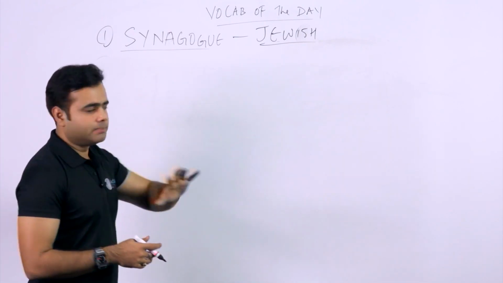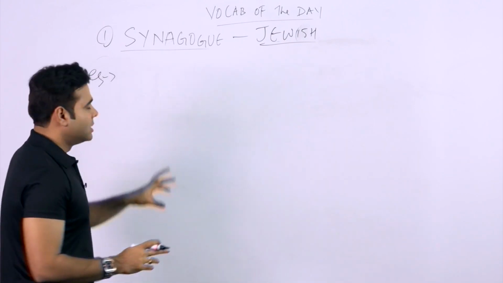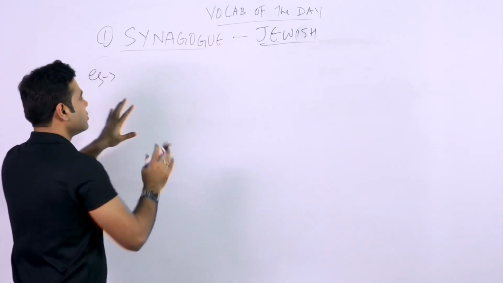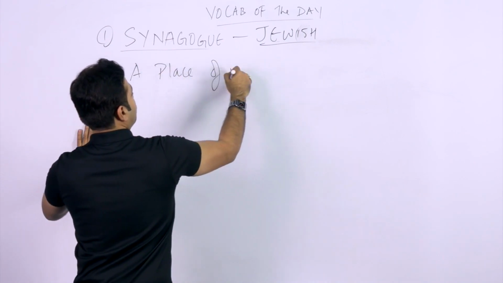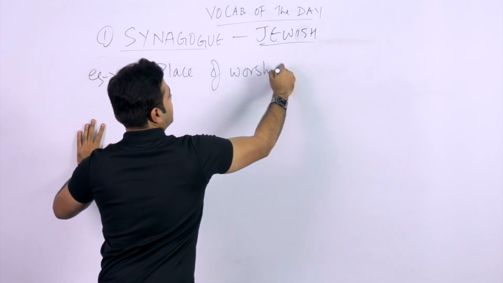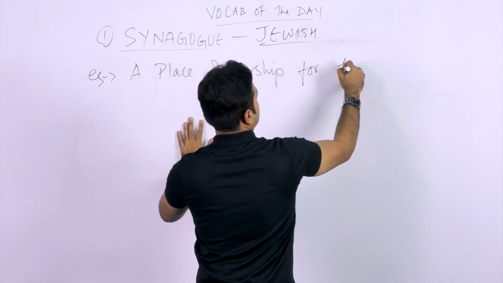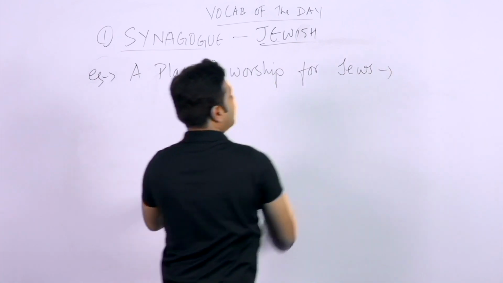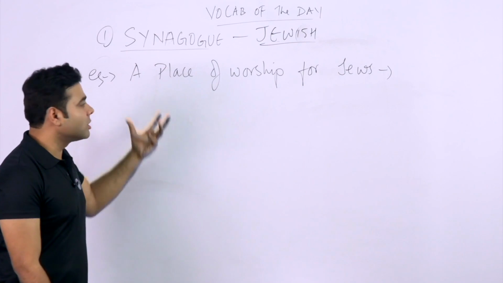Now there is a question related to one word substitution. In the exam, there was a question. It was said: a place of worship for Jews. Now, it's a very interesting thing what the genre of the question is.